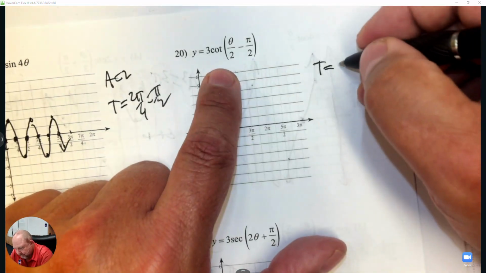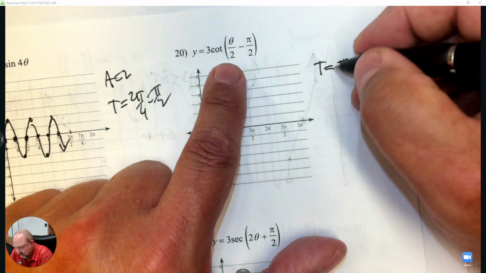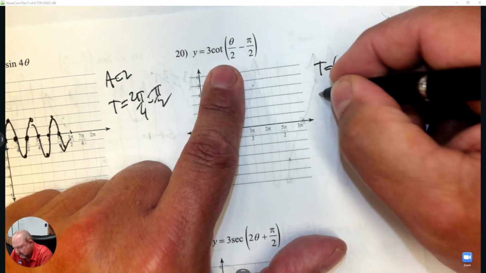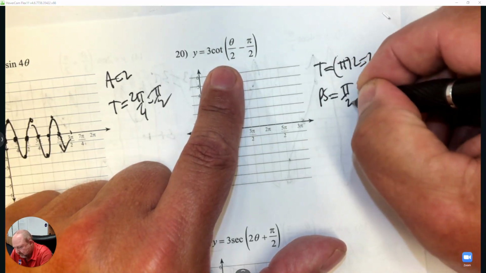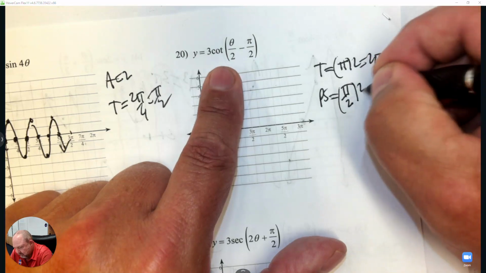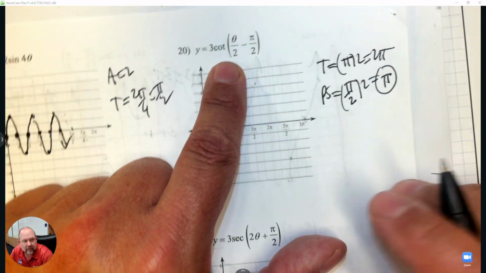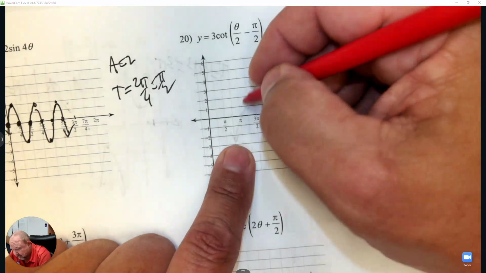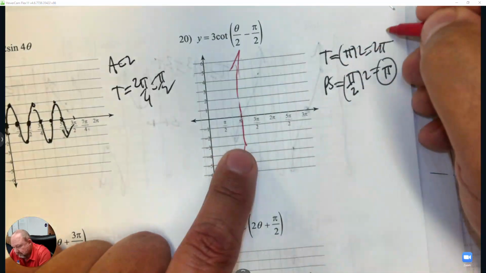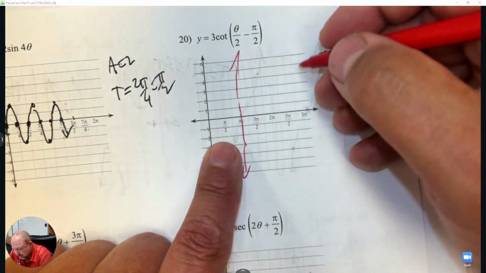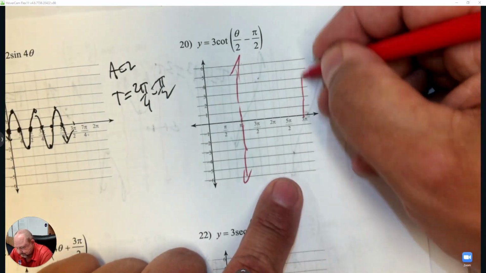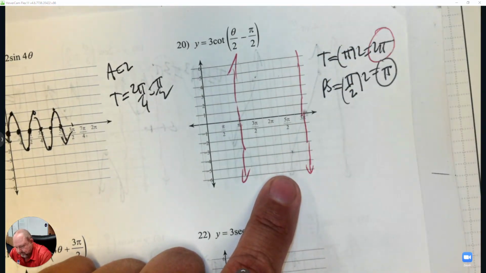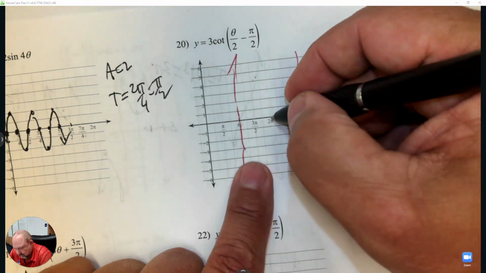Number 20. Period is pi for cotangent times 2, so it's 2 pi. The phase shift's positive pi over 2 times 2. The 2's cross out, so this tells me where I'm starting. So cotangent starts with an asymptote, so at pi we start with an asymptote. Then the period is 2 pi, so pi plus 2 pi is 3 pi. And exactly in the middle there is a point of inflection.